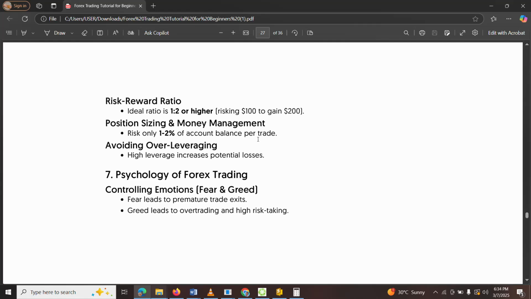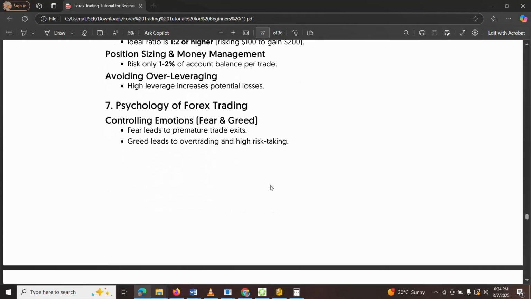Probably you used a lot size of 0.02 to trade, and because maybe you are greedy, you increase that lot size to 0.05. Then maybe the trade goes against you, then it means you are going to lose more. So we need to control emotions while trading. That is very, very important to note.